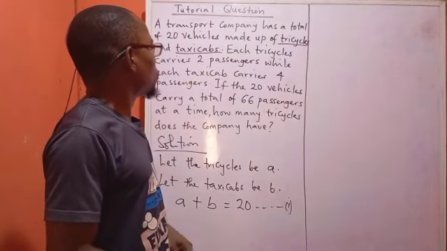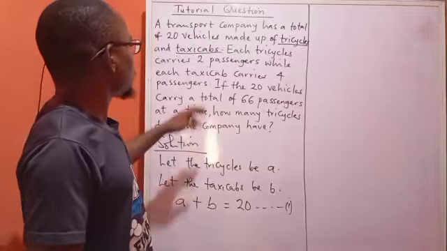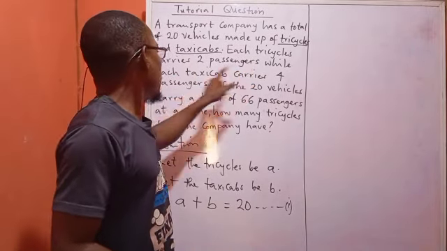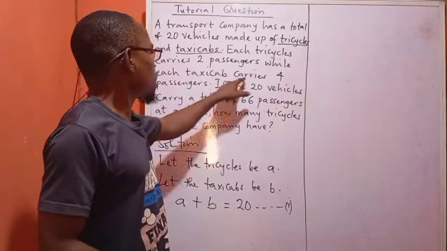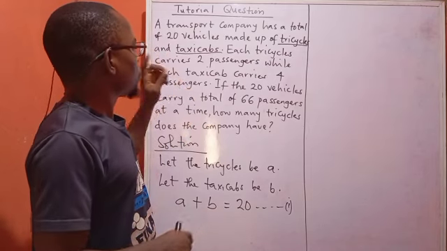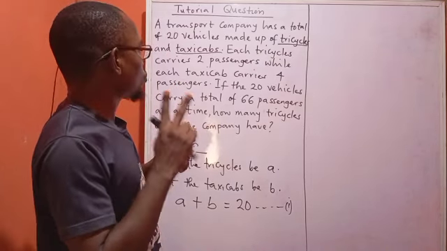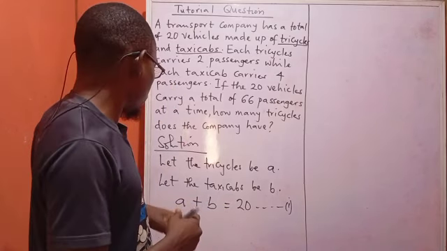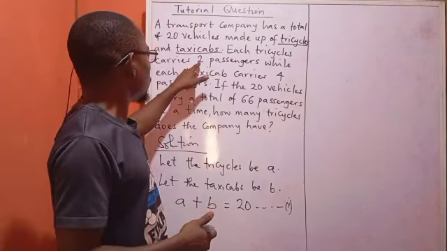Then let's continue. It says each tricycle carries 2 passengers, while each taxicab carries 4 passengers. So the tricycle will carry 2 passengers, while each taxicab carries 4 passengers.